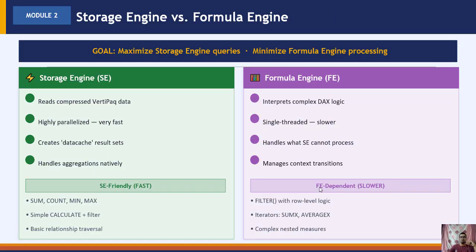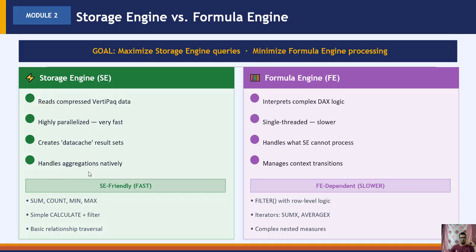Another thing is, inside the VertiPaq engine there are two types of engine: one is the storage engine and the other is the formula engine. Wherever you are able to use the storage engine, you need to use those kinds of DAX queries, and only in specific scenarios, if needed, should we go with formula engine DAX queries.